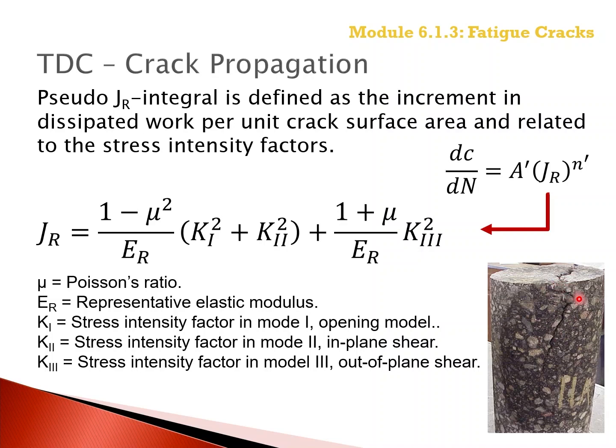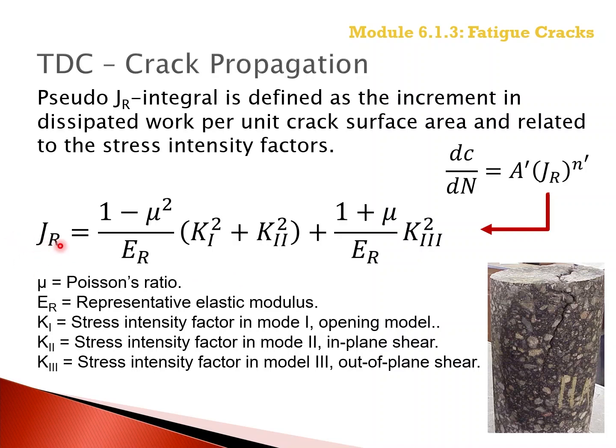Various cores from multiple projects have been drilled to confirm that the crack propagation from top-down cracking is not restricted to the upper 1.5 inches and can propagate into and below the wearing surface into the lower asphalt layers and can propagate much deeper, which is defined by the properties of the asphalt wearing surface.